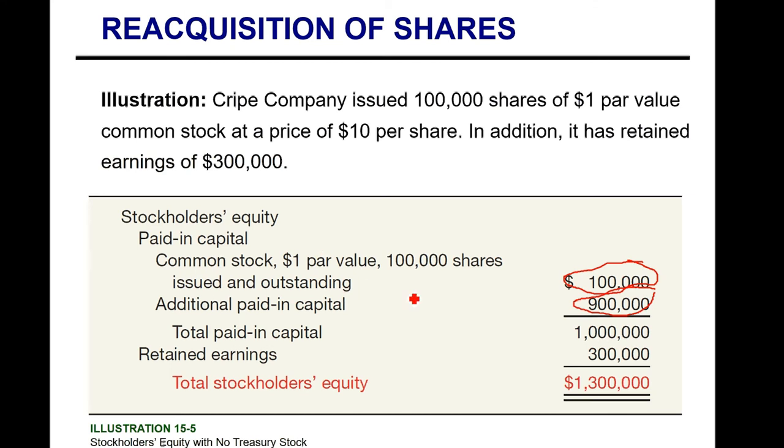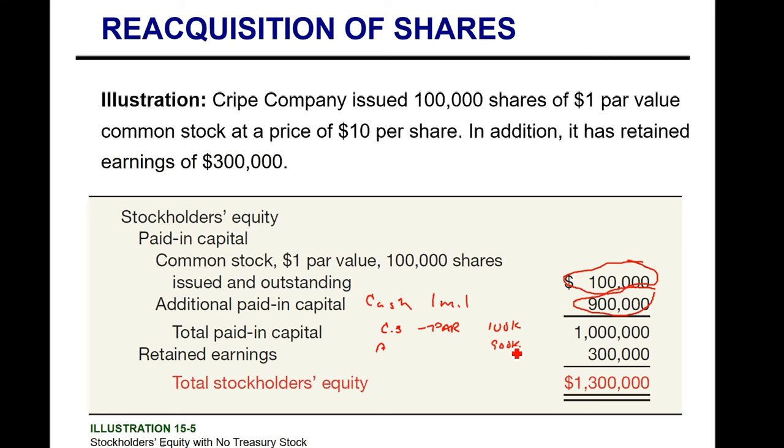So if I were to write this, I would have cash received of 1 million. I would have common stock of 100K because that's the par, right? And then I also have additional paid-in capital, or what we call paid-in excess of capital, common stock, and that would be the 900,000. So that's all that they're saying here. As a result of that, it totals $1 million total outstanding that they received in cash.